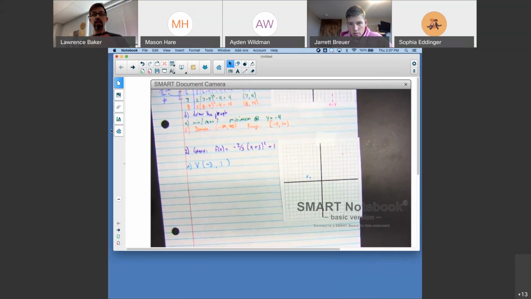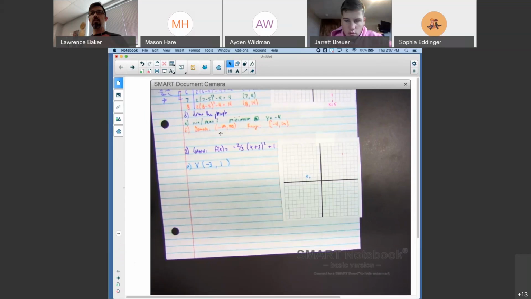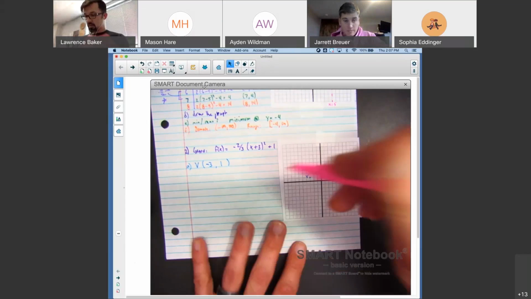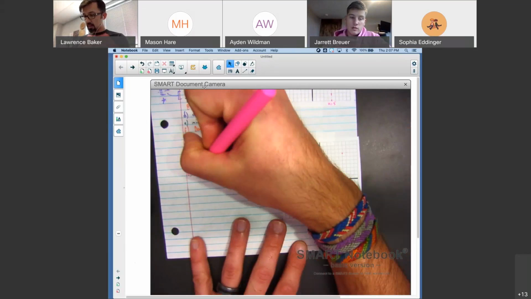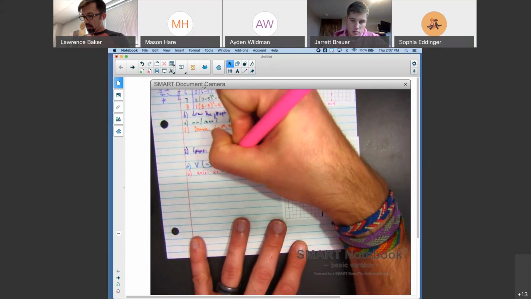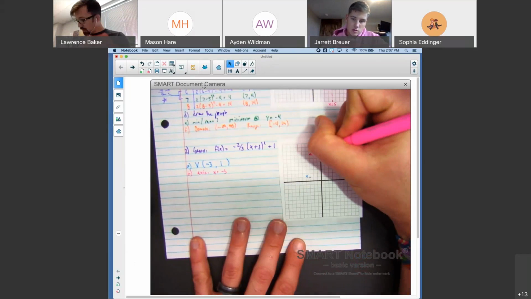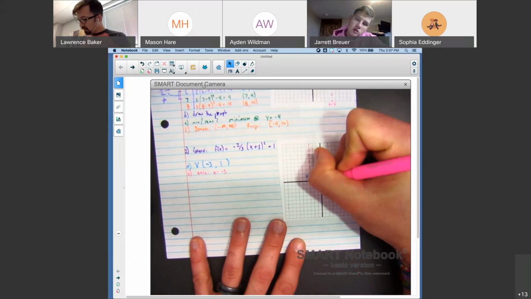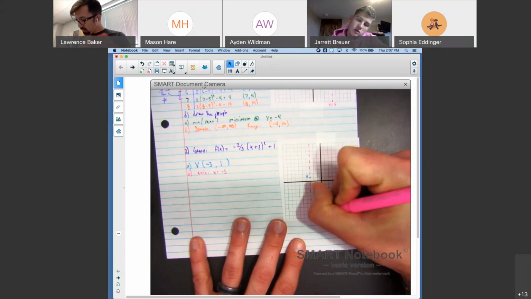Okay, so next thing, where's our axis of symmetry? It would be x equals -3. Yeah, right, good. X equals -3 is that vertical line, the equation of that vertical line. And again, we just ask you guys to label that.